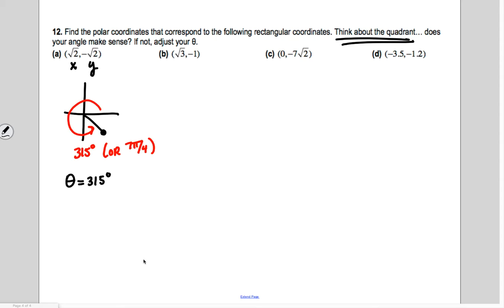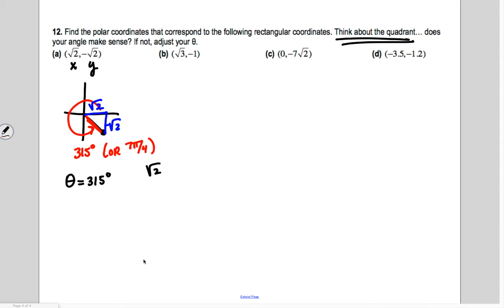How do you think I find r, the length of that? No, that found theta. Think how it's related to vectors, guys. So what we're saying is we go out root 2 and we go down root 2, well, negative root 2. And we want to find this length, right? So we do a squared plus b squared, or x squared plus y squared, under a square root.